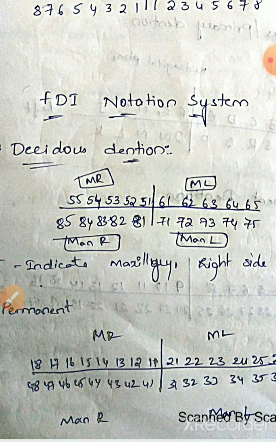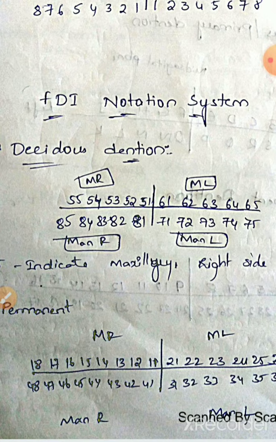So for deciduous teeth, the maxillary right is given 5 and maxillary left is given 6, mandibular left is given 7 and mandibular right is given 8. So 5 to 8 represent quadrants, whereas 1 to 5 represent tooth numbers. 1 represents incisors, 2 represents lateral, the same.